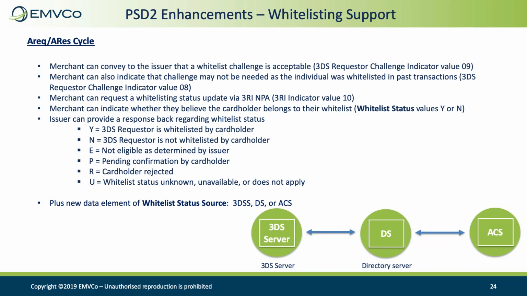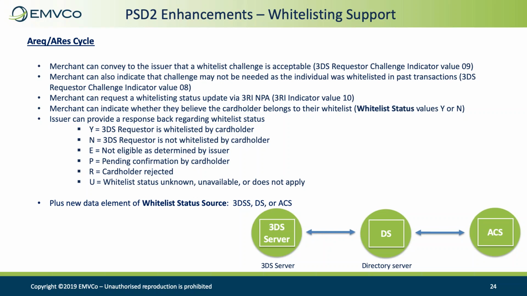And the merchant can request whitelisting status update via a 3RI NPA using the 3RI indicator with a value of 10. The merchant can also indicate whether they believe the cardholder belongs to their whitelist using the whitelist status element. Issuers can provide a response back regarding whitelist status with the values presented here.